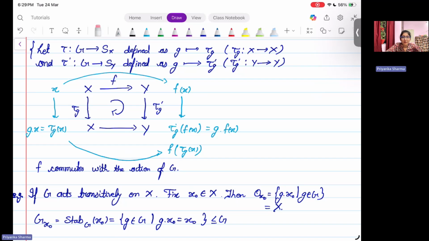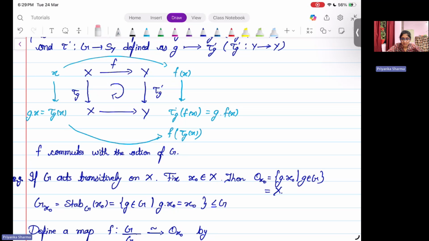And tau dash g will map f of x, the image of this element x under f, onto tau dash g of f of x. So this will be the same element, g dot f of x.